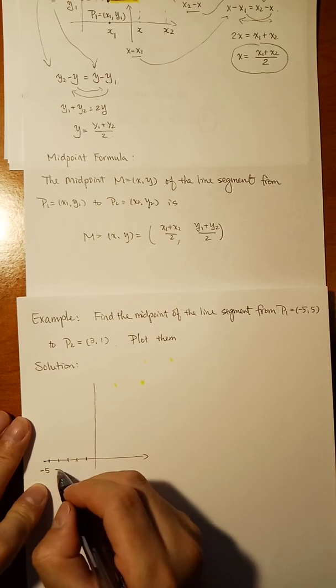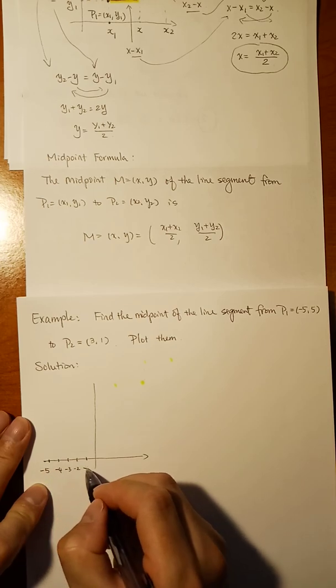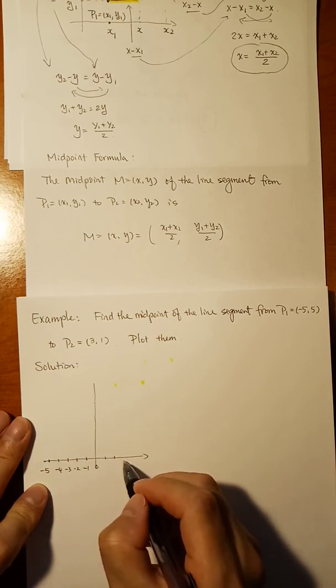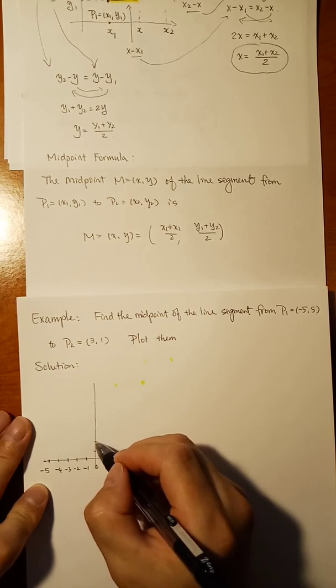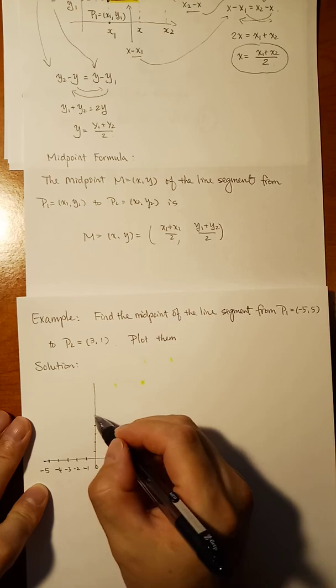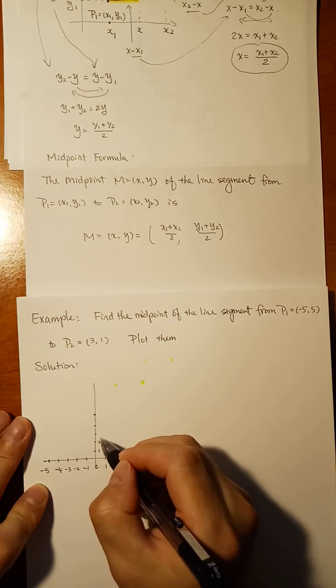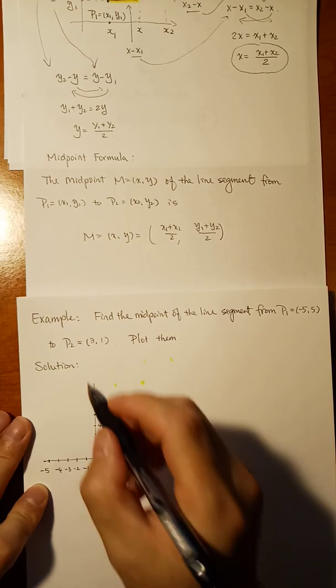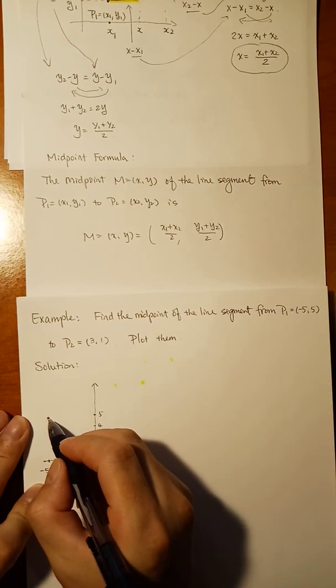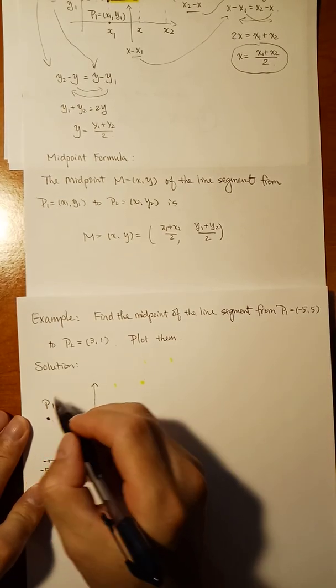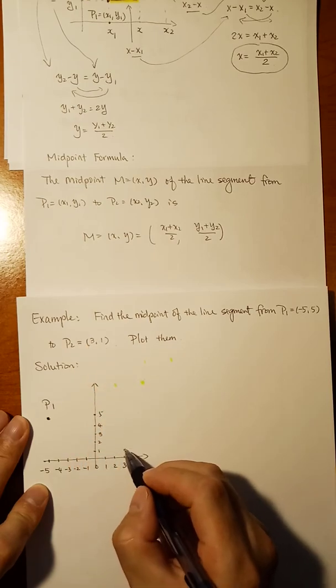This is negative 5. 1, 2, 3, 1, 2, 3, 4, 5. This is 1, 2, 3, 4, 5. Negative 5, negative 5 is here. This is P1. P2, 3, 1 is here.